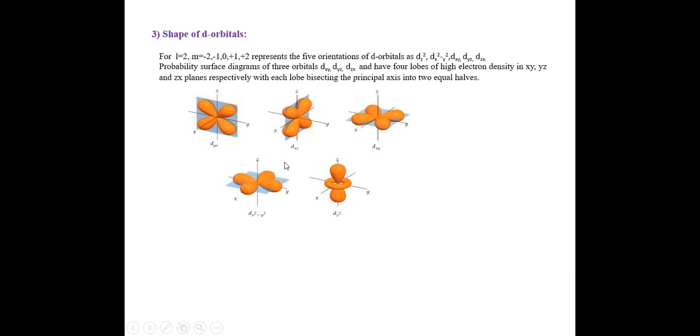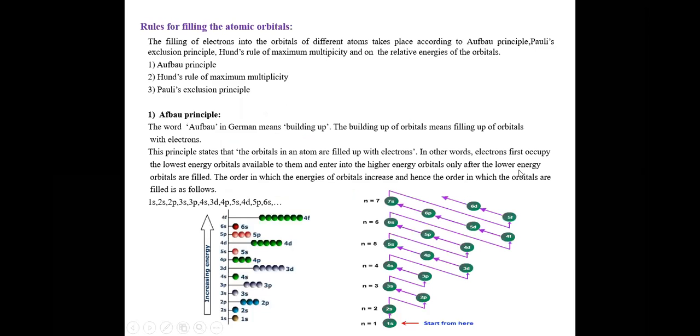So this is about the shapes of s, p and d orbitals. Next we'll move to the rules for filling the atomic orbitals. The filling of electrons into the orbitals of different atoms takes place according to three principles, that is the Aufbau principle, Pauli's exclusion principle and Hund's rule of maximum multiplicity, and on the relative energies of the orbitals.